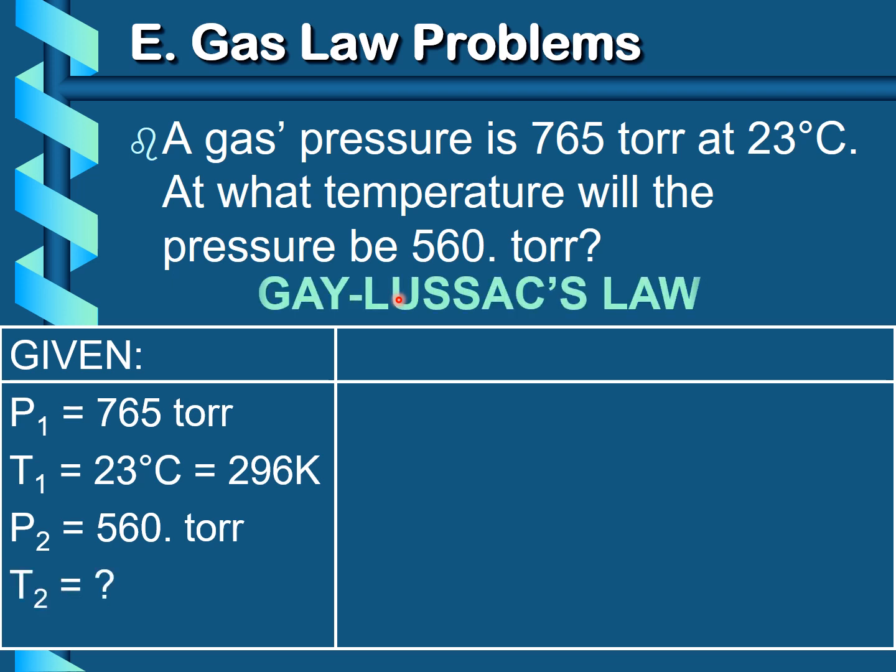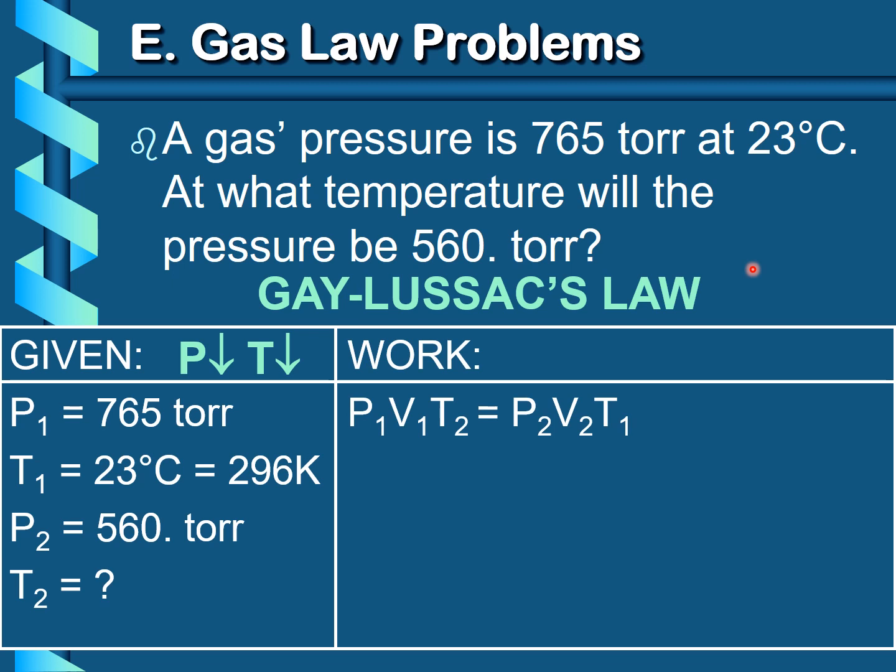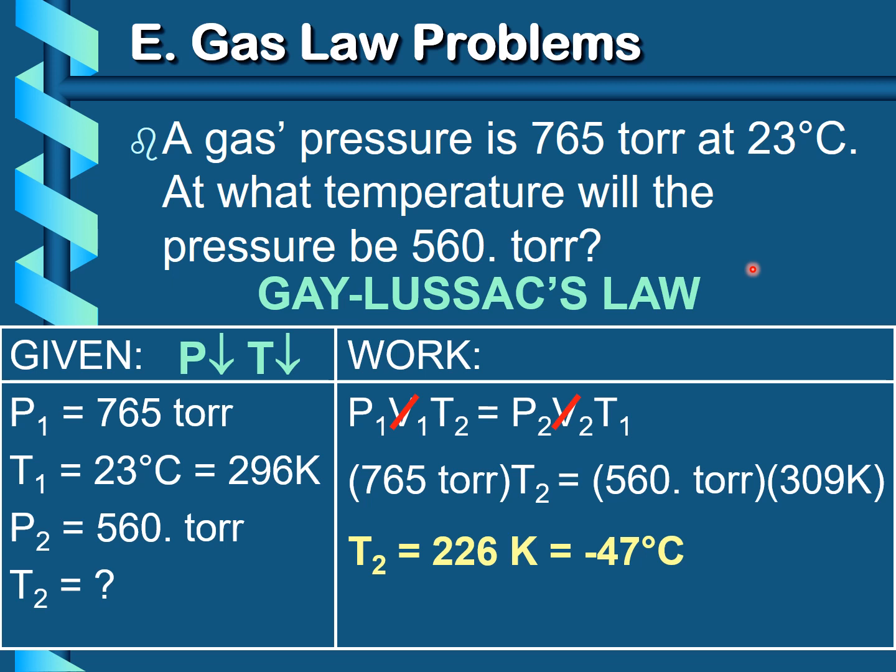According to our relationship on our Gay-Lussac's law equation, if the pressure decreases, temperature should also decrease. Using the equation of the combined gas law, volume is taken to be constant, and so temperature is equal to negative 47 degrees Celsius.